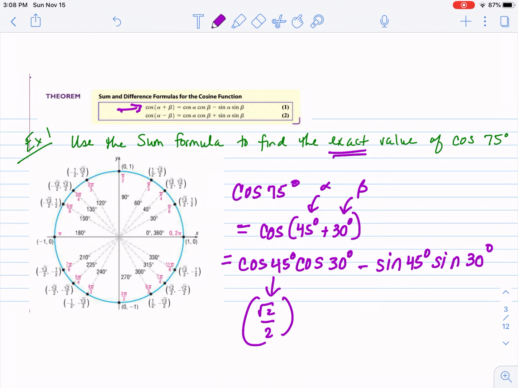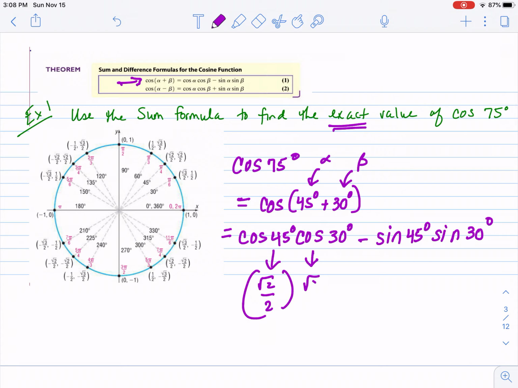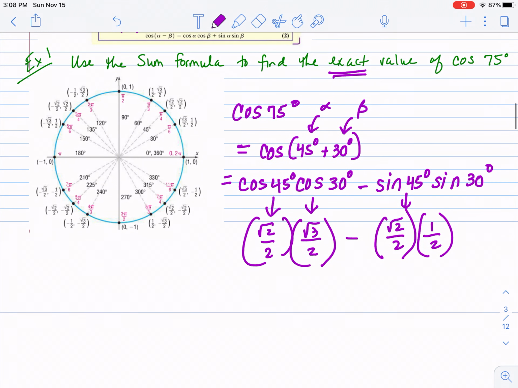I'm going to multiply that by the cosine of 30 degrees, which is rad 3 over 2. Then from that I'm going to subtract the sine of 45, which is rad 2 over 2, multiplied by the sine of 30, which is 1/2.